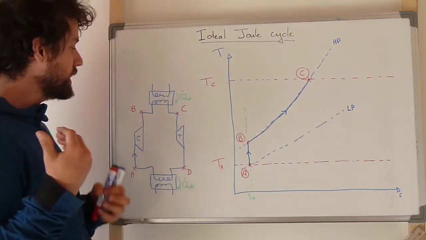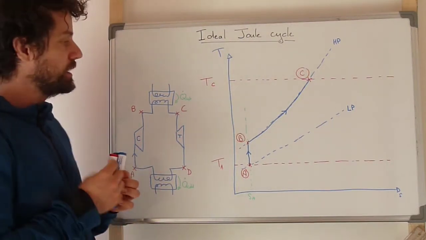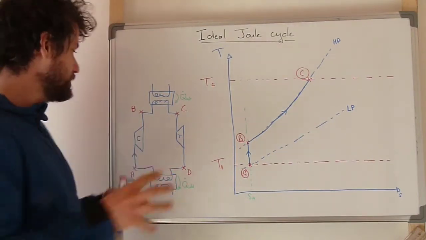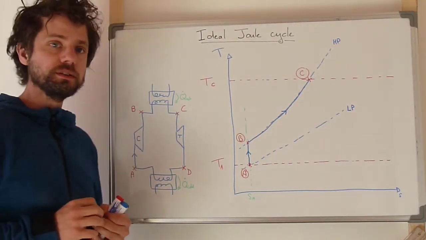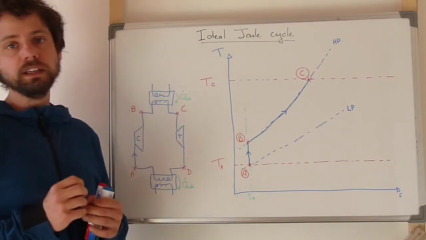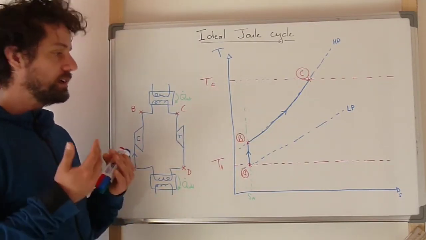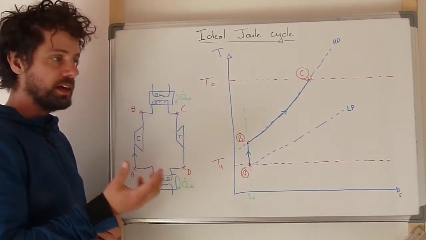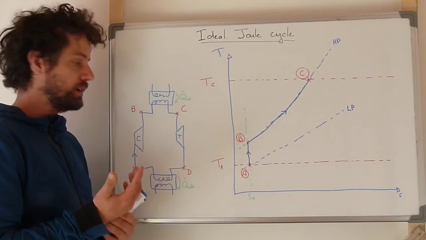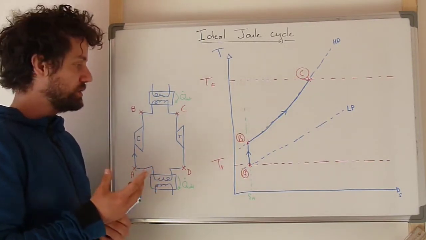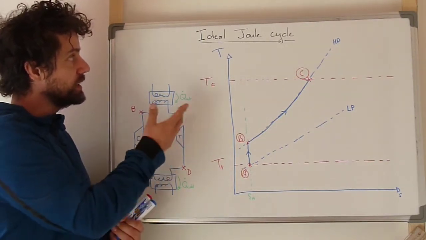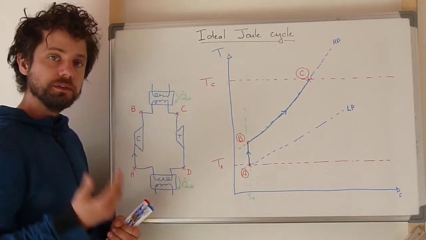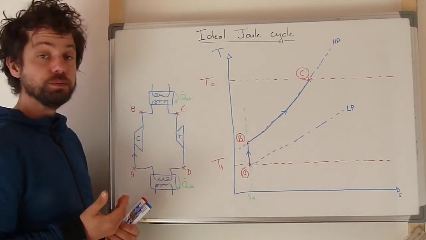Then the gas is entering the turbine, and for the turbine we can do the same approximations we have already done before for the compressor. First is that the expansion can be considered as adiabatic. So the heat transfer is completely negligible once again, so there's no entropy exchange. In the ideal Joule cycle, we also consider the expansion to be reversible, so without entropy creation.